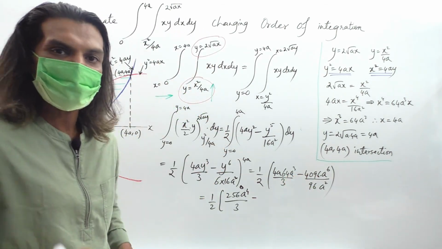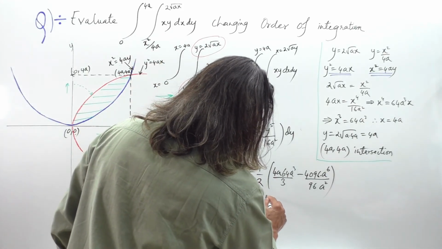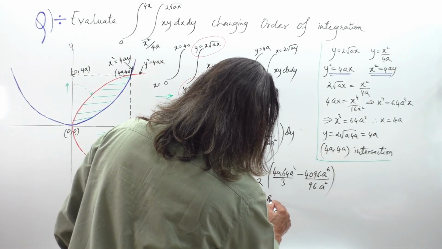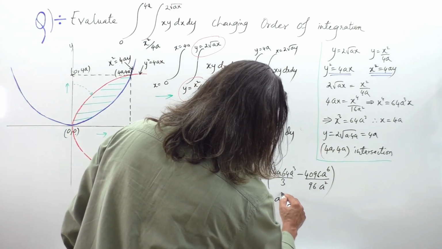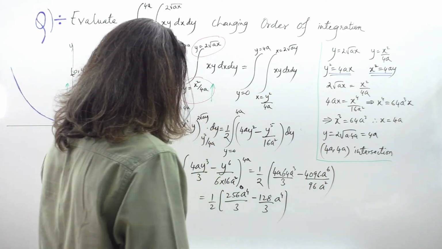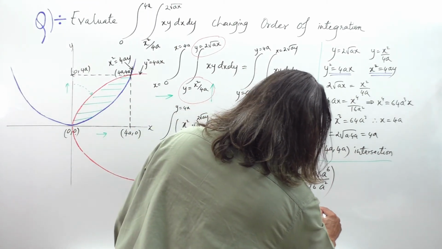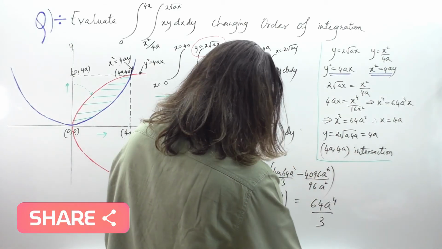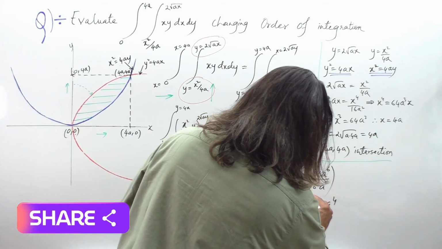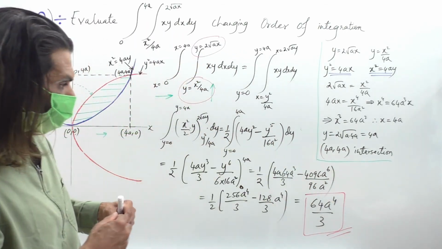Use the calculator. 4096 divided by 96 will be 128 by 3 a raised to 4. Okay, again take the LCM now. After taking the LCM, we get the answer as 64 a raised to 4 by 3. So this is the final answer. So the final answer is 64 a raised to 4 by 3.